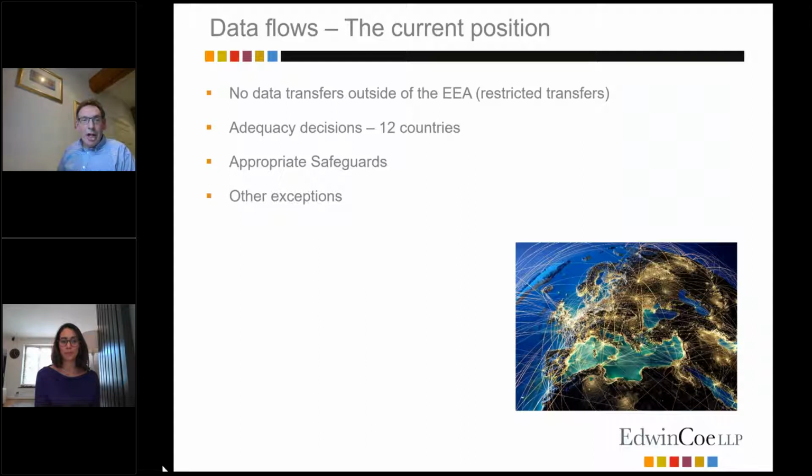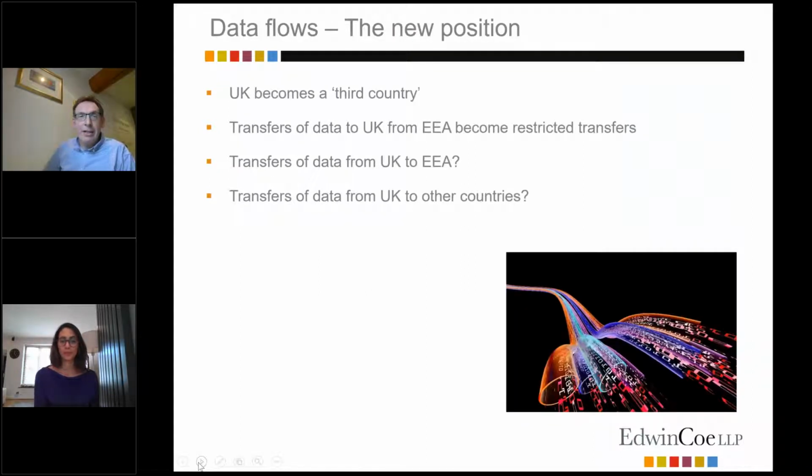So how does all that change with Brexit? The big change is that after the 31st of December, the UK essentially drops out of the EU and becomes a third country.